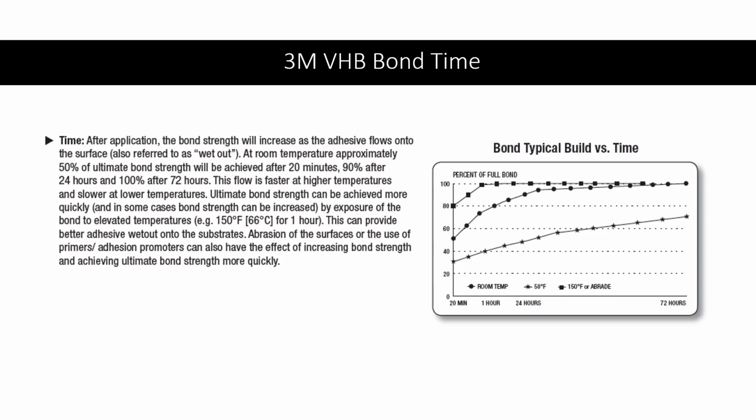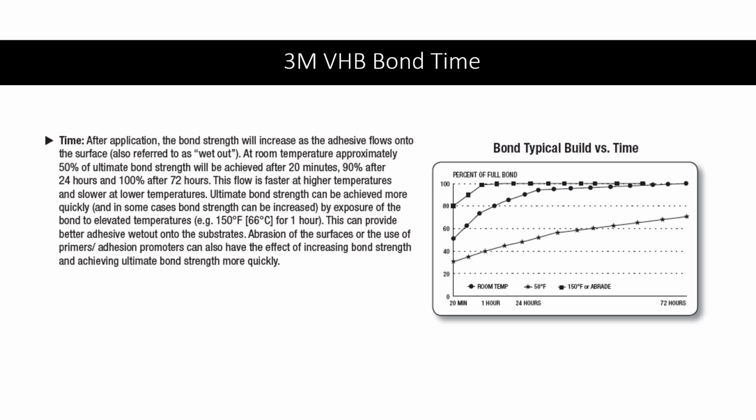When VHB tape is applied at room temperature, it reaches 50% wet out in the first 20 minutes. In the first 24 hours, the tape reaches 90% of wet out. At 72 hours or 3 days, the VHB tape has completely wet out and has reached its maximum bond strength.